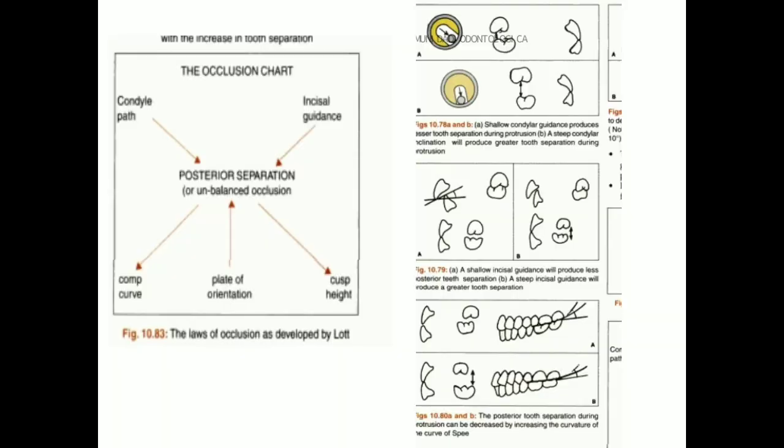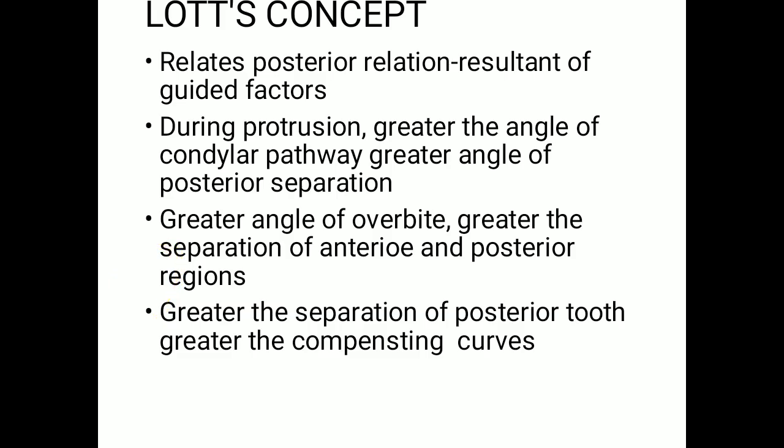These are the laws of the concept developed by Lott. Posterior separation is mainly involved, and other factors involved are condylar path, incisal guidance, compensating curves, plane of orientation, cusps.